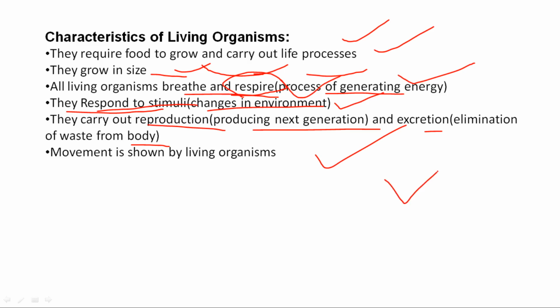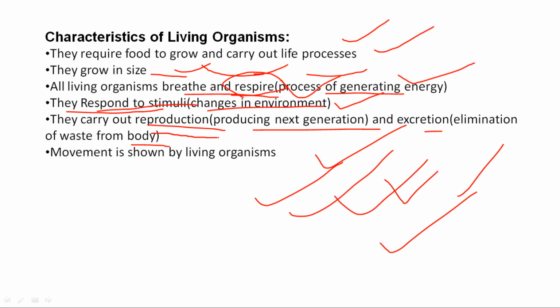From the seed of neem you cannot get a mango plant. And human produces human, dog produces dog, cat produces cat, lion produces lion. These are the processes of reproduction. A chair cannot produce a chair, a bus cannot produce a bus.